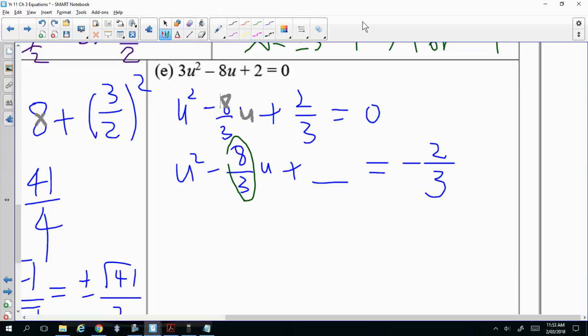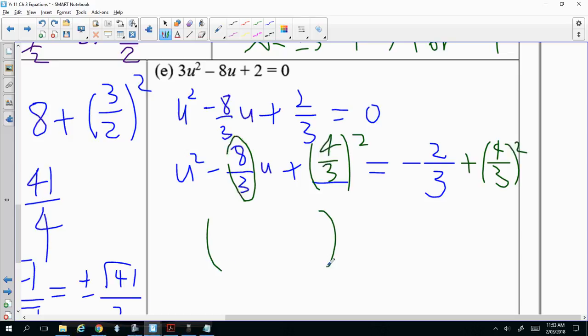And then you go plus 4 over 3, square it. And now it becomes a perfect square. All you have to do is copy down the u, the minus, and the 4 over 3 square.